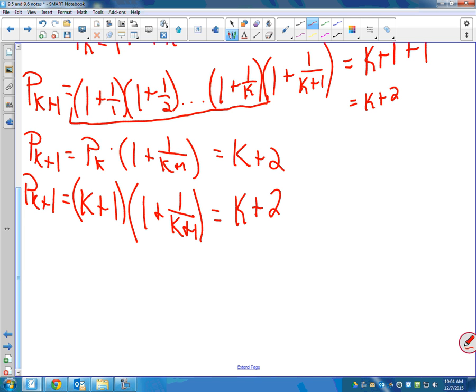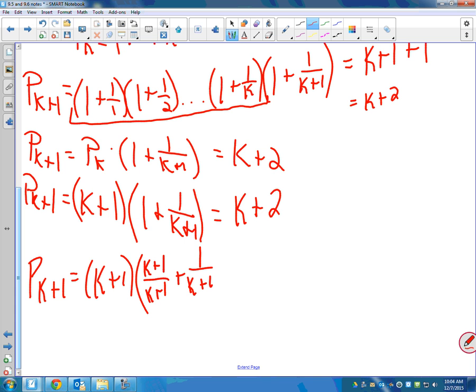I think I have to go to a common denominator. Adding this together, if I get a common denominator here, you agree that this just becomes k plus 1 over k plus 1, plus 1 over k plus 1. Right?